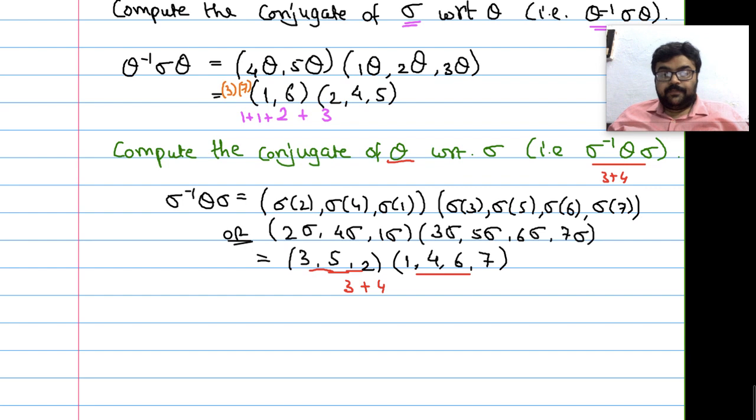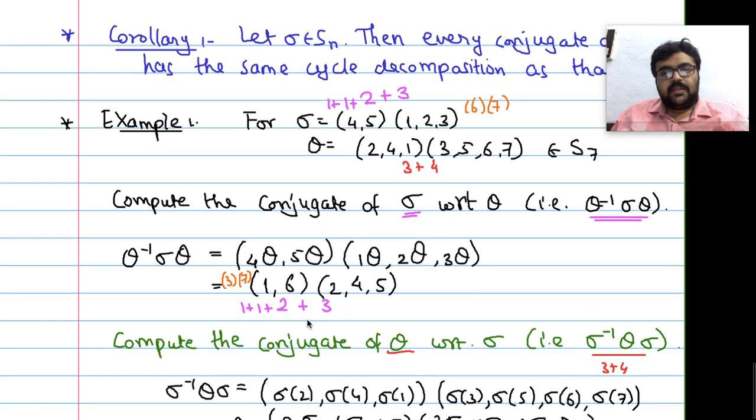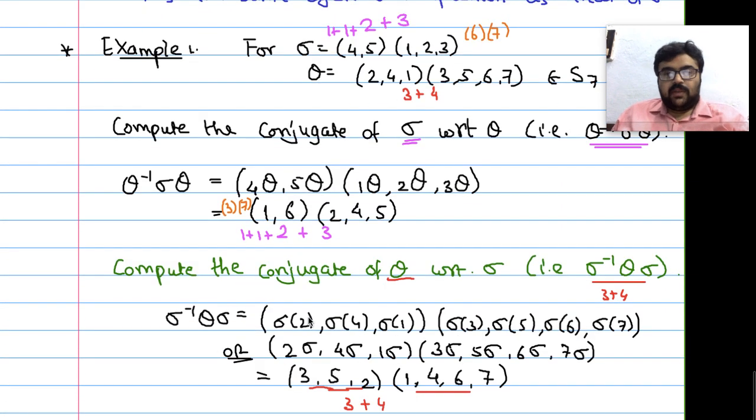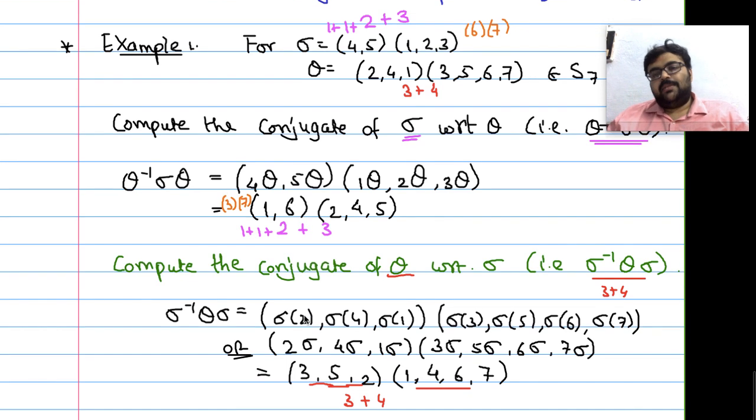Okay, so what we have proved so far, only one thing. We have considered a lot of examples, and one thing we have proved is that if two permutations are conjugates of each other, they have the same cycle decomposition, because the lengths of the cycles remain the same under conjugation also. Whatever theta we are taking, with respect to theta, then theta is applied.